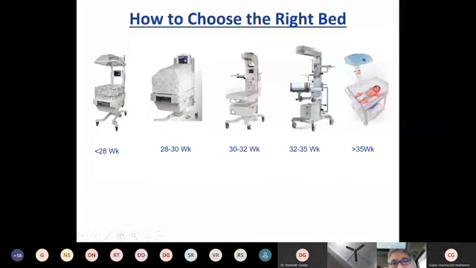But what parameters do we have to look for in Indian manufacturers? One is they have to have a good quality system, and they should have ISO 13485, which is medical device certified manufacturing, so that they have the inbuilt quality system.